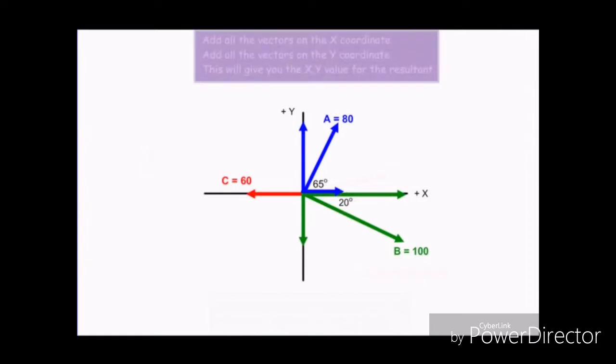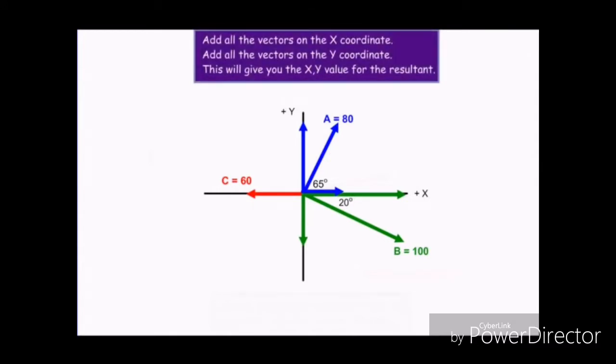We'll be adding up all the vectors on the x-coordinate and also adding up all the vectors that are on the y-coordinate. And we'll use these to determine the resultant. So this makes it a little bit easier. Let me take away the original vector A and vector B, and we're just going to work with the components.